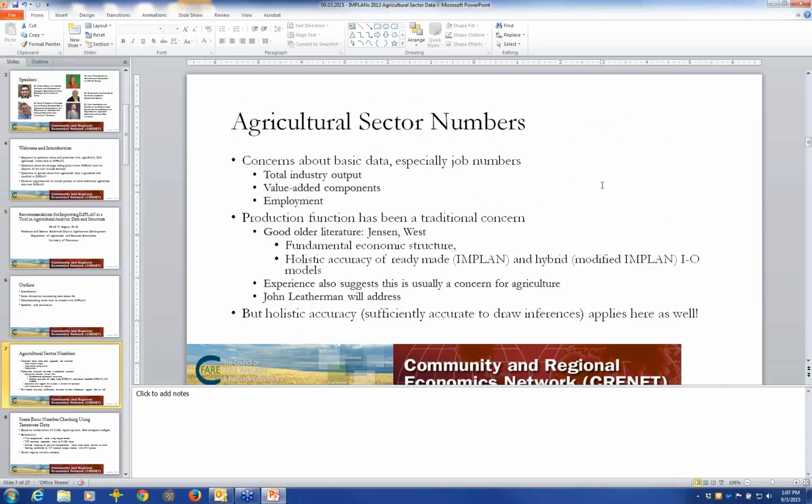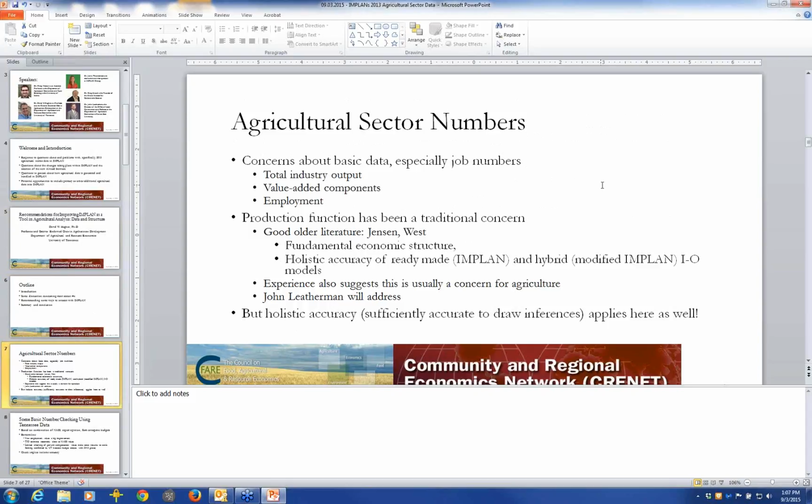You have concepts like the fundamental economic structure, which indicates that services tend to be quite similar from region to region, but when you get into more natural resource-based sectors like agriculture, they can vary quite a bit. So that's a major concept we need to keep in mind when we're possibly making changes to our models.